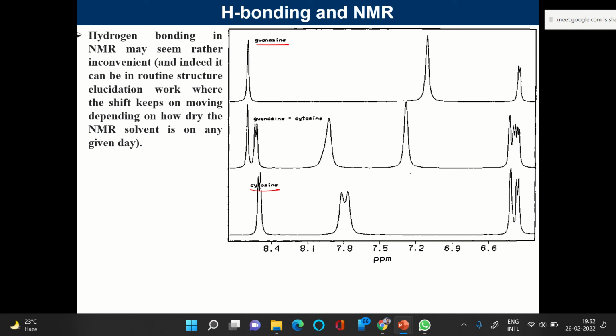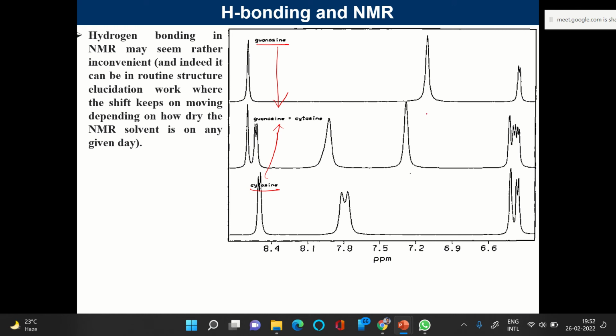If you add them together, so guanosine plus cytosine, both being added, this is the middle spectrum that you get. As I told you, whenever two molecules interact and hydrogen bonding occurs, you can expect the peaks to be shifted to higher ppm values. That's happening.